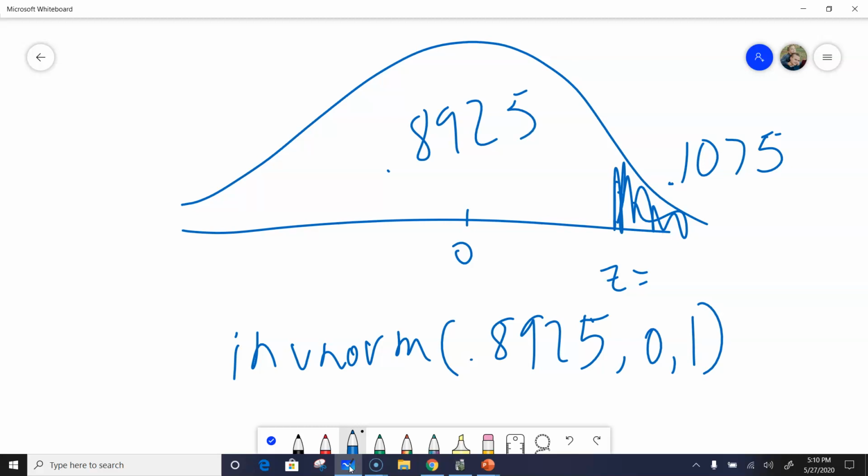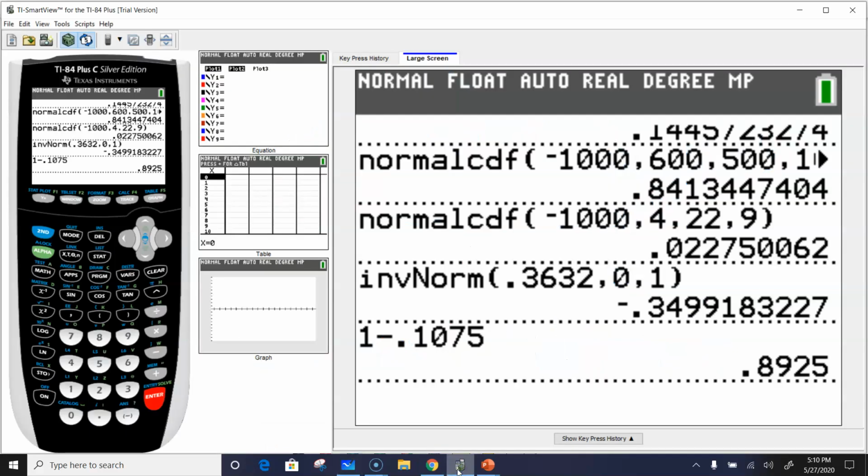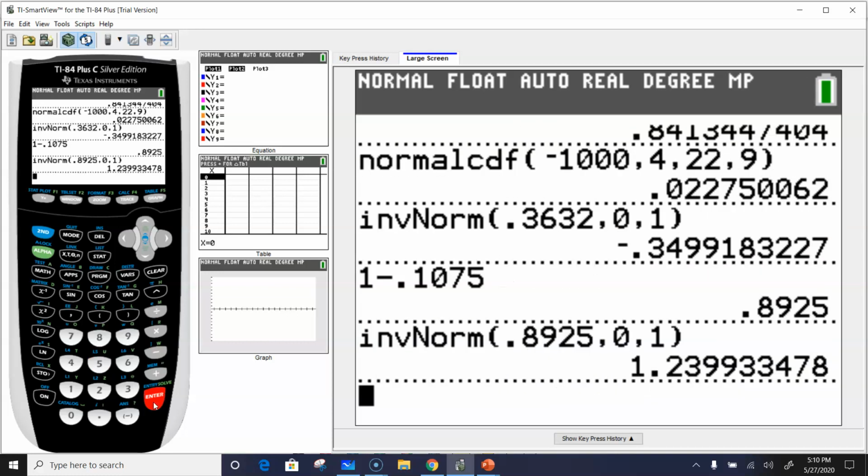The total area under the curve, remember, always adds up to 1. So we have inverse norm again, and this time we have 0.8925. So they tell me it's a z-score of 1.24.